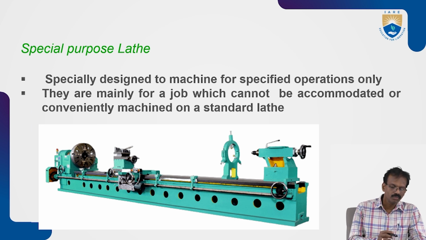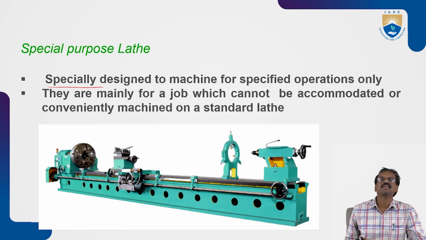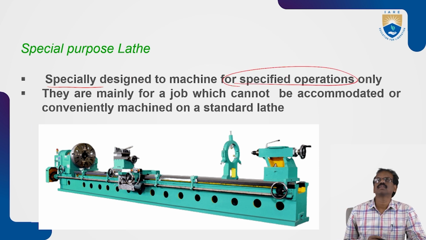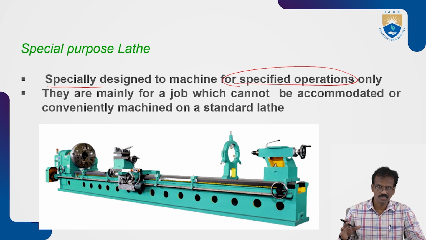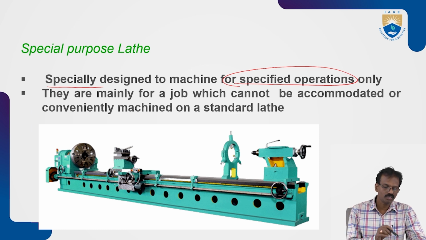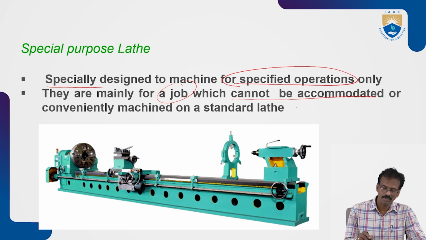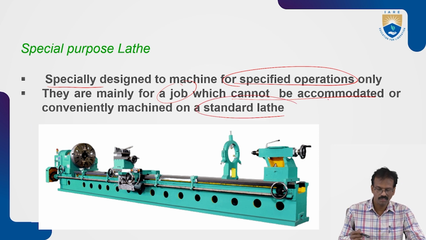So this is specially designed to machine for specified operations which are not possible to perform on a general engine lathe machine. For that purpose, this type of lathe machine is designed. They are mainly for jobs which cannot be accommodated or conveniently machined on the standard lathe machine. The standard lathe machine is the engine lathe machine.